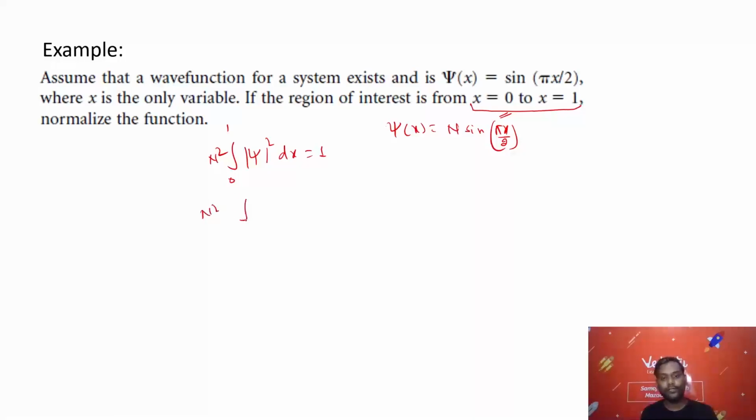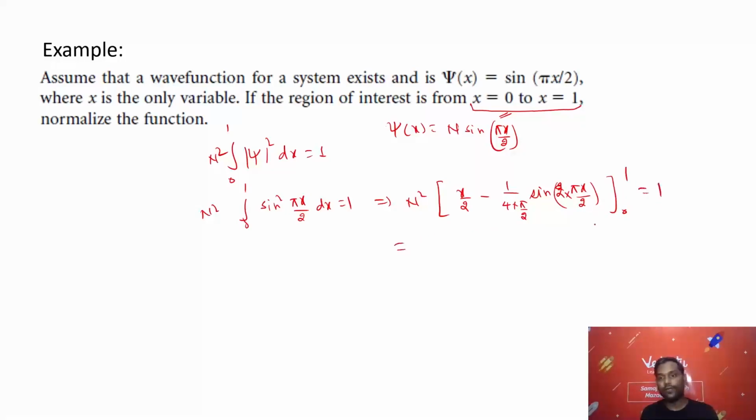So N square, integral from 0 to 1, this would be sin square(pi x by 2) dx, which should be equal to 1. Solving this, N square, this integral will be x by 2 minus 1 upon 4 times pi by 2 sin(2 pi x by 2), with limits from 0 to 1, and this should be equal to 1.